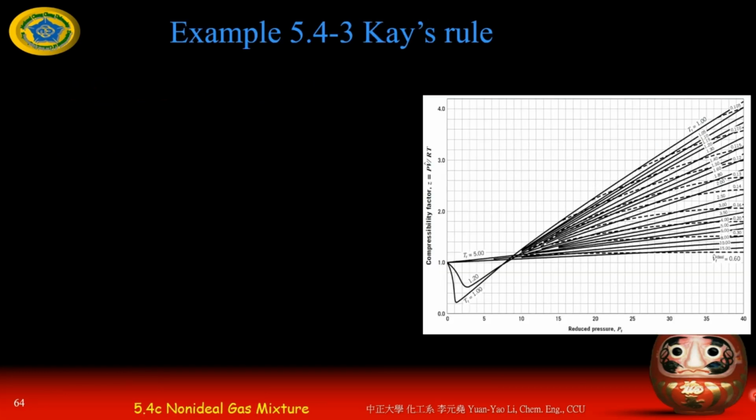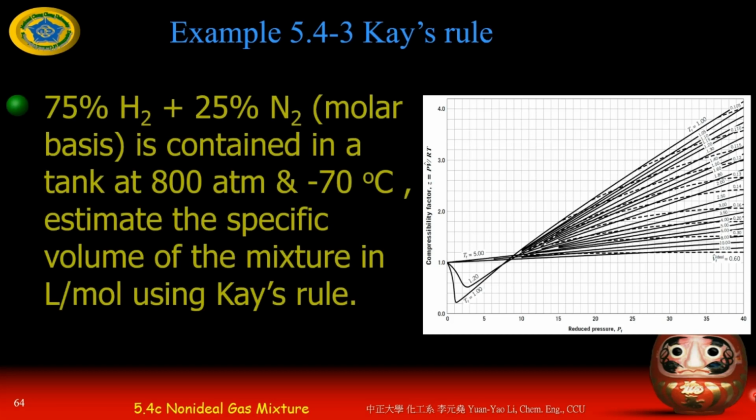Right. So let's do the practice. 5.4-3, Kay's rule. So, for example, if I give an example like this, 75% hydrogen and 25% nitrogen on a molar basis. So you can use fractions, right? Hydrogen is 3/4, nitrogen is 1/4.